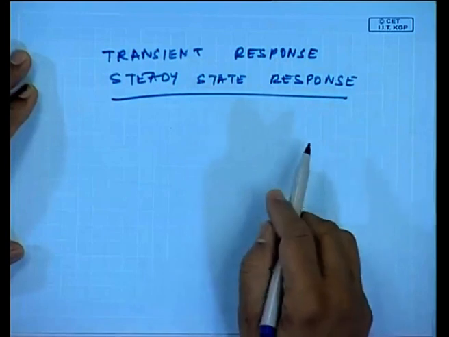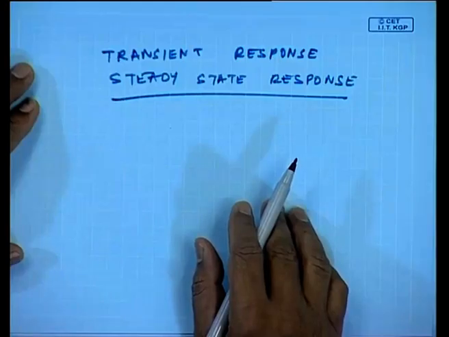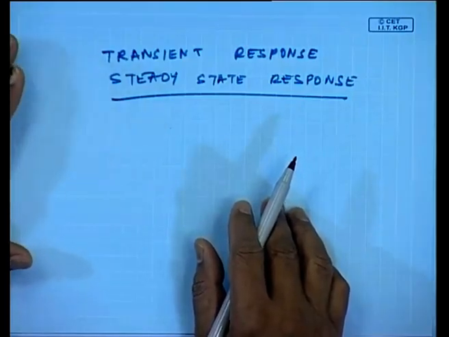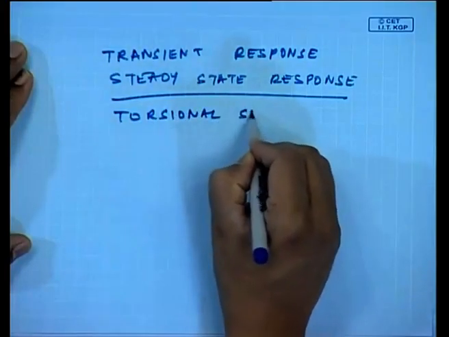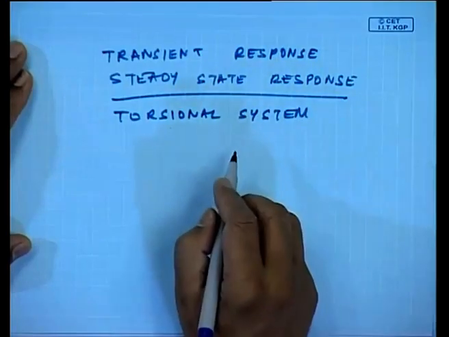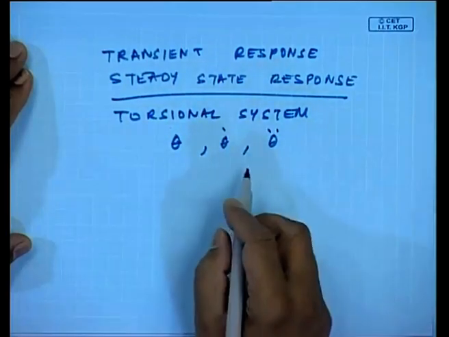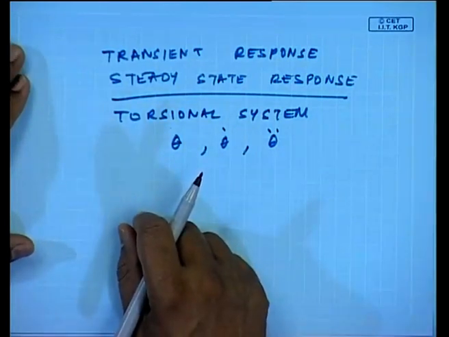Now, this we have discussed with relationship to a linear single degree of freedom system having translational or linear motion, but the same principles hold true also for a torsional system, wherein all the x dot, x double dot can be replaced by theta, theta dot, theta double dot, and the mass can be replaced by the mass moment of inertia, the damping by the torsional damping, and the linear stiffness by a torsional stiffness.